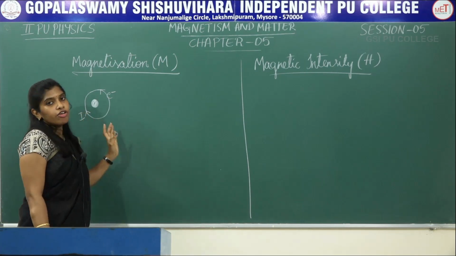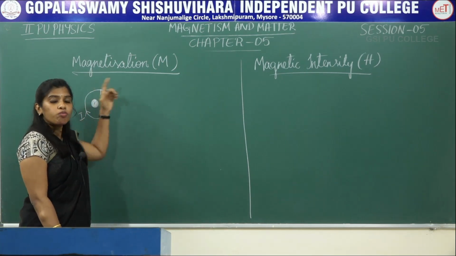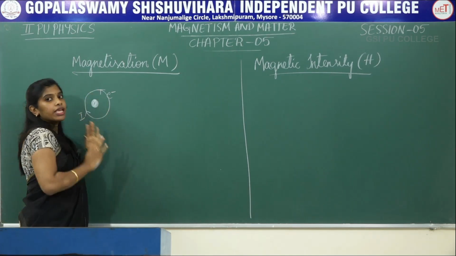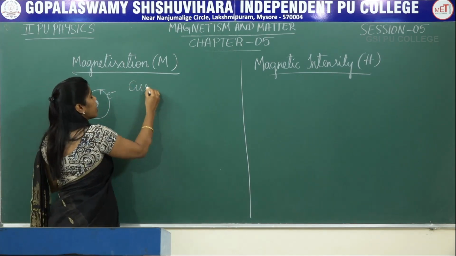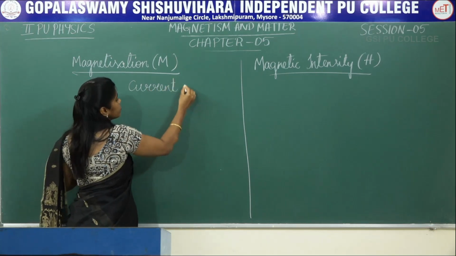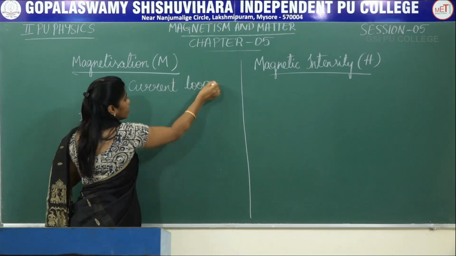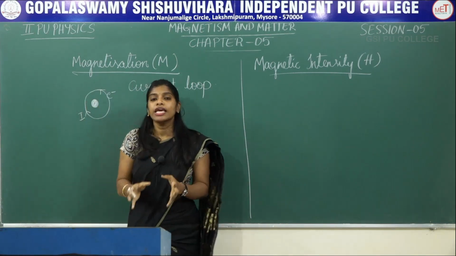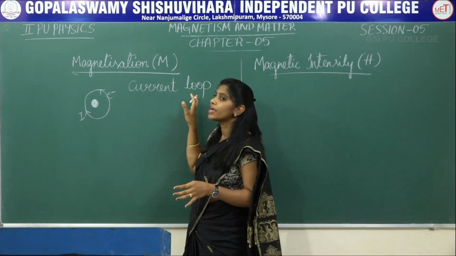The current will always take the direction opposite to the motion of the electrons. Now this setup is very much similar to a current loop. So I can say an electron which is revolving around the nucleus is very much similar to a current loop.